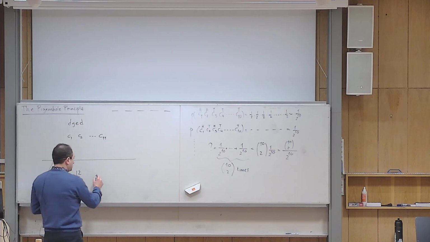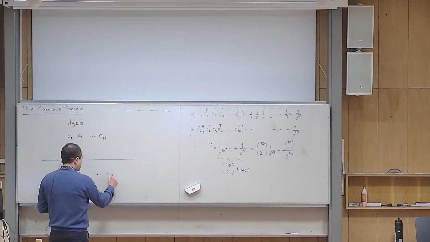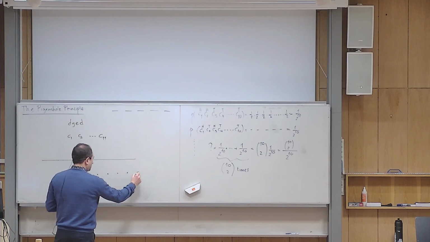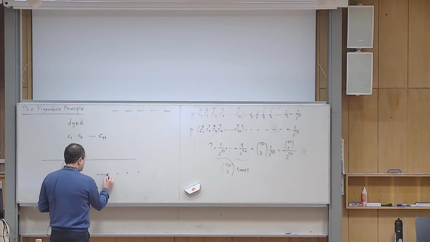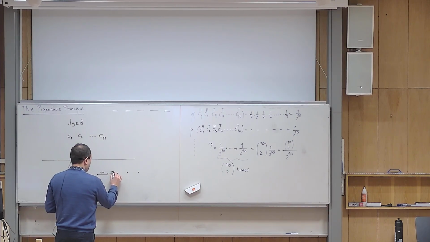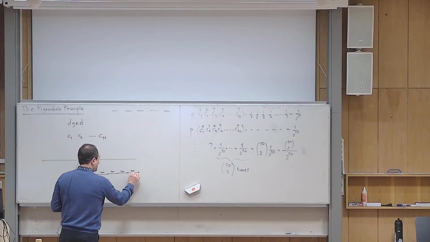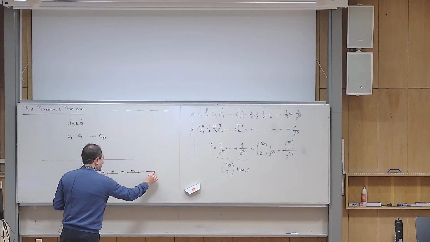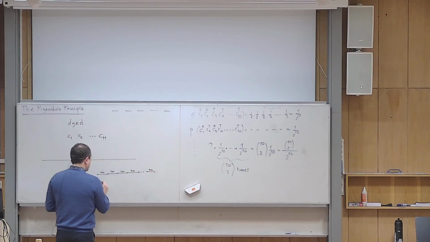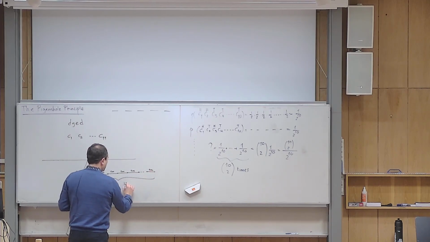So you can imagine that you have 12 points. The distance between them is 1 meter exactly, and of course up to this is also 1 meter. So 12 points in total.